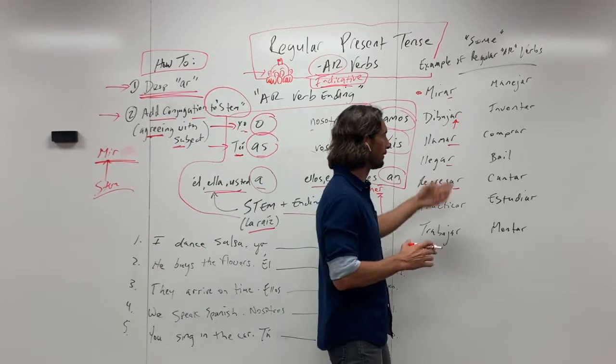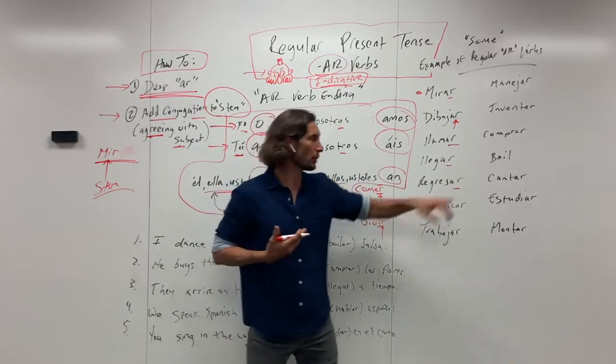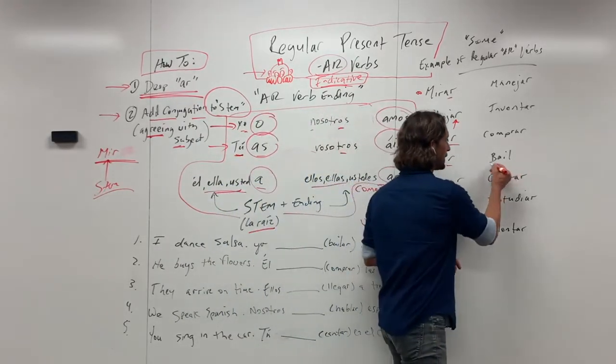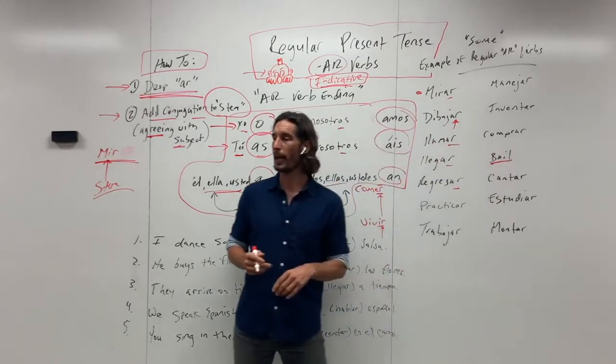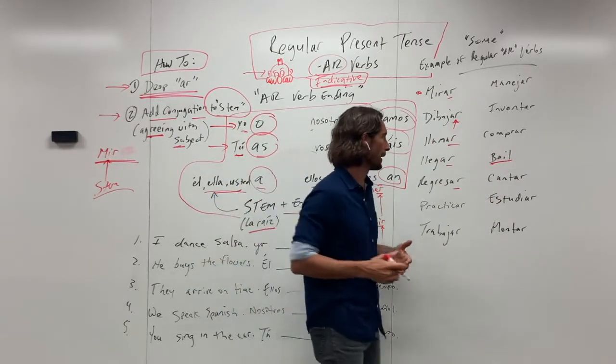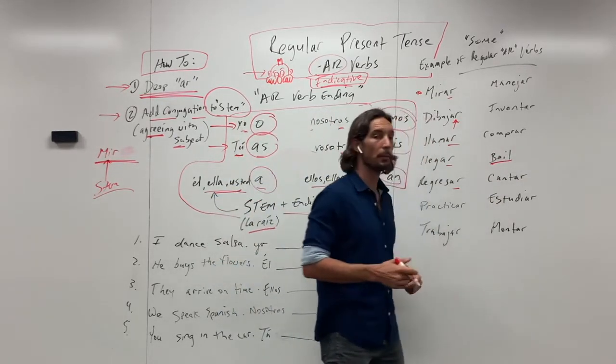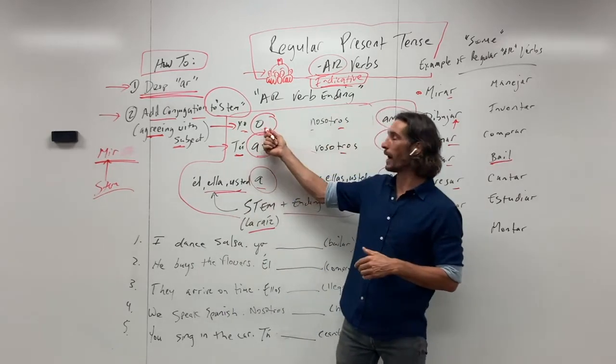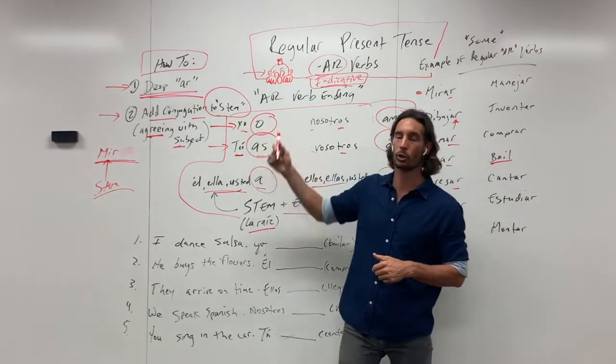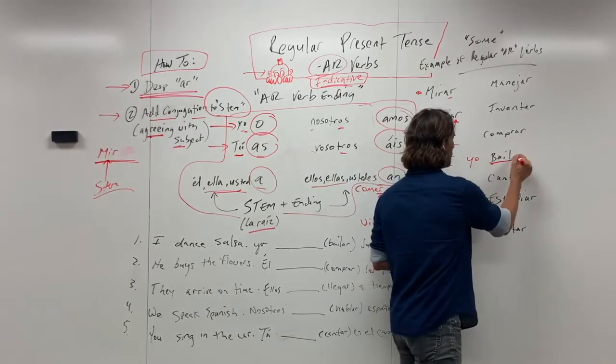And so, if I wanted to say, for example, I dance, going back to this here, I would just take our stem, which was B-A-I-L, or bail, I guess, if you want to use that. And then we would just add, remember, we want to say I dance. So we want to say yo. So yo, right, bailo.